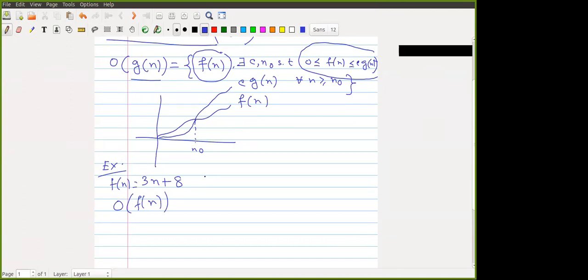Anybody? N. Yeah, you're right. So how is it happening if we follow these definitions? 3n plus 8 is always less than or equal to 4n when n is greater than or equal to 8. For any value of n greater than 8, the value of 4n is at least as large as 3n plus 8. So 4n gives me an upper bound of f(n).